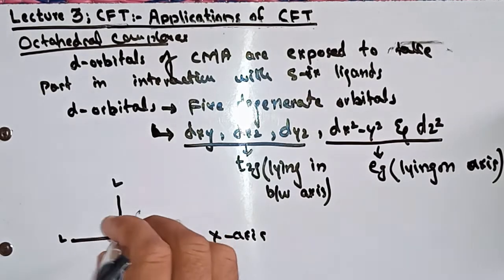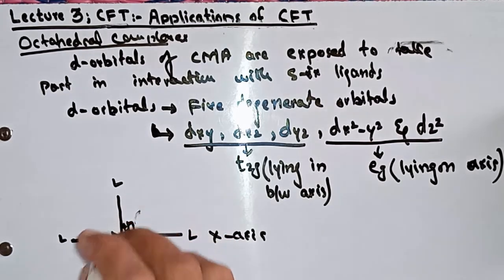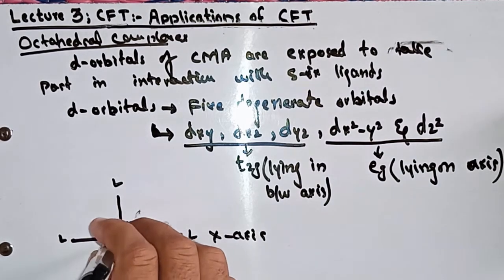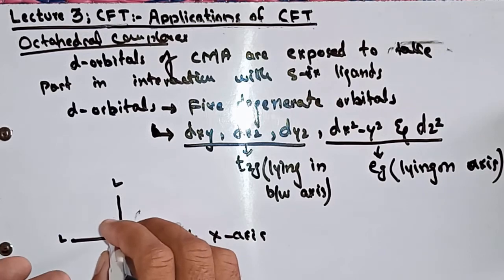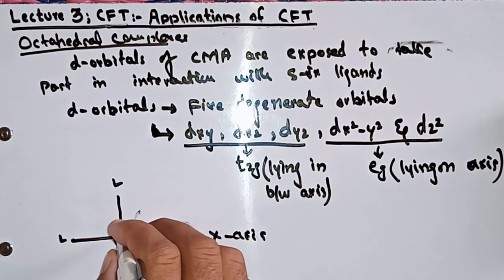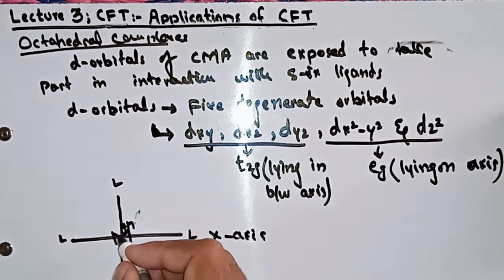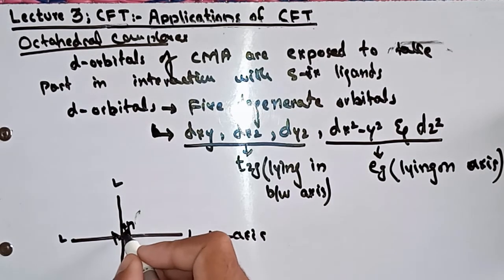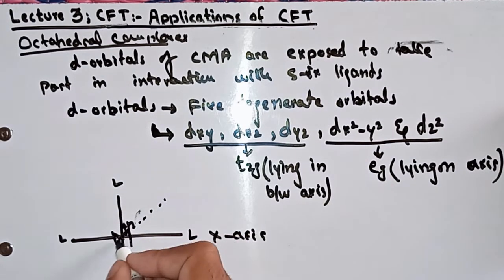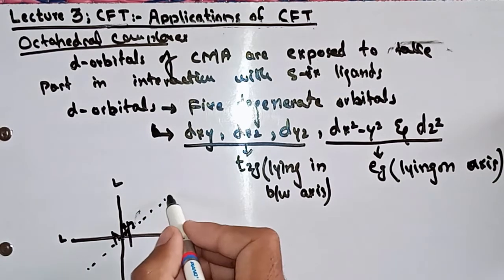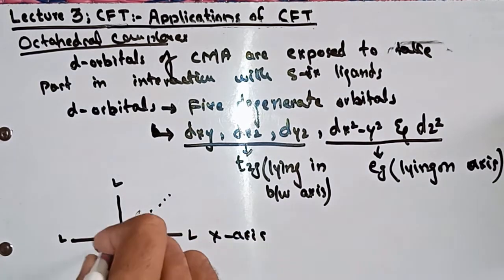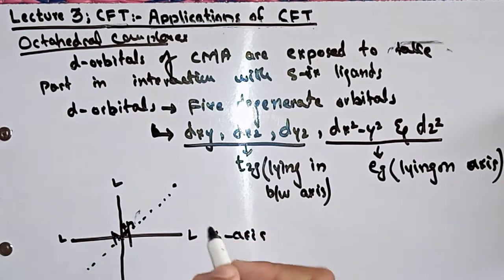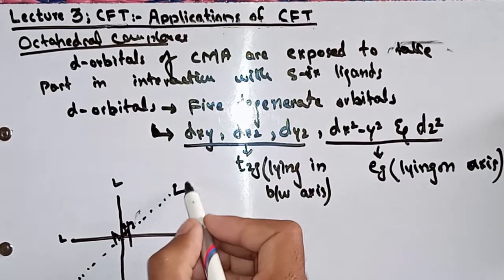Suppose the z-axis has one side going out of the board and one side going inside. One ligand approaches the metal atom from inside the board, and one approaches from outside the board.